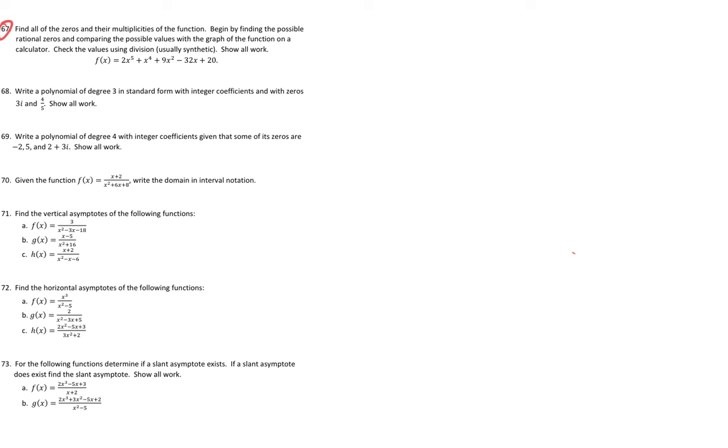All right, so we're going to start off by finding factors of 2 and 20. So factors of 2 are 1 and 2. Factors of 20 are 1, 2, 4, 5, 10, and 20.